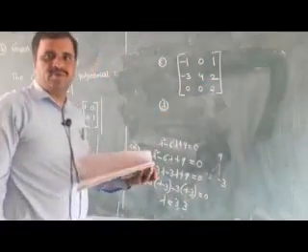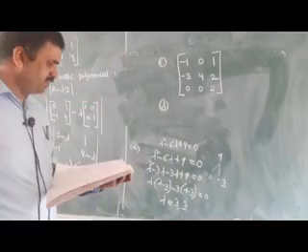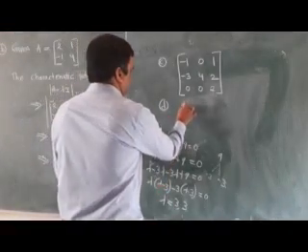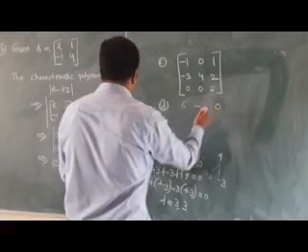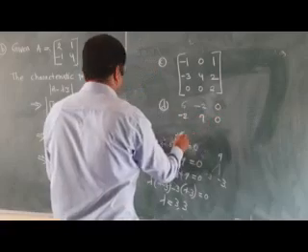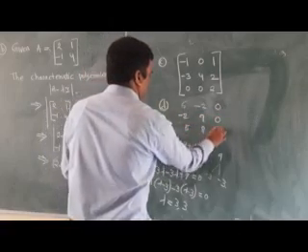Minus 1, 0, 1, minus 3, 4, 2, 0, 0, 2. Next, 6, minus 2, 0, minus 2, 9, 0, 5, 8, 3.